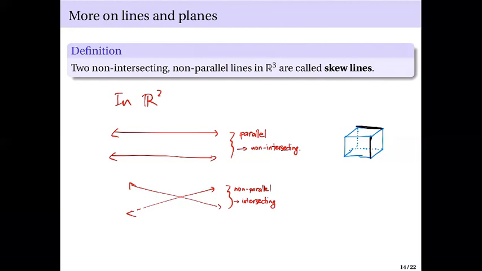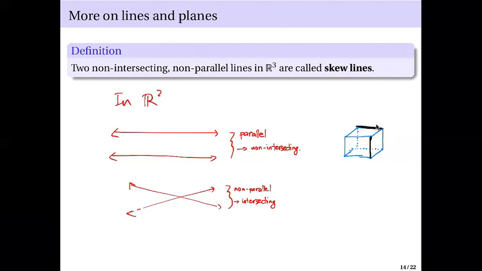Can you imagine that? Even if you extend this edge indefinitely, they will not intersect. And notice they are not parallel, because this one is going down and up, while this one is going left and right.